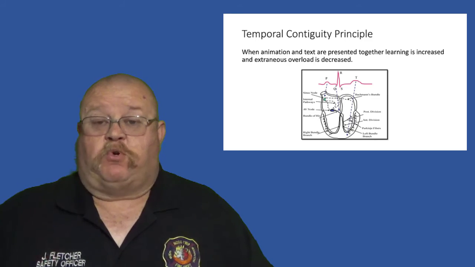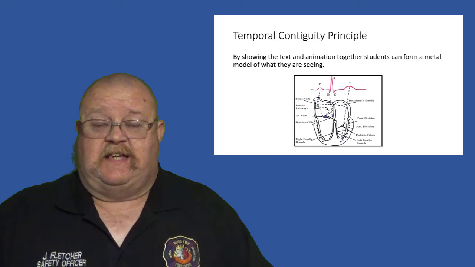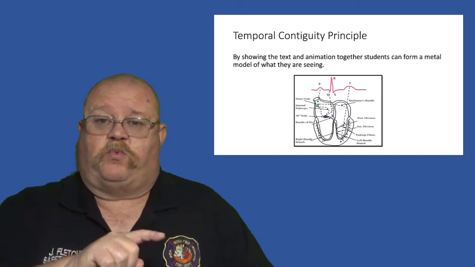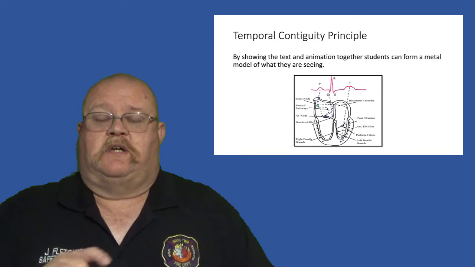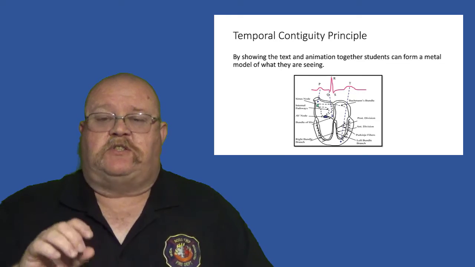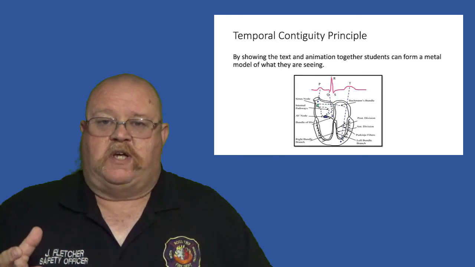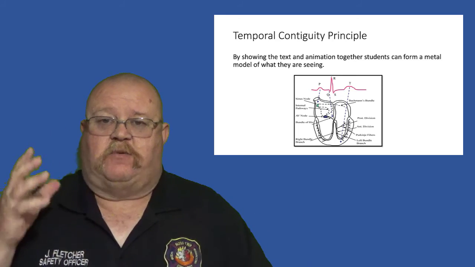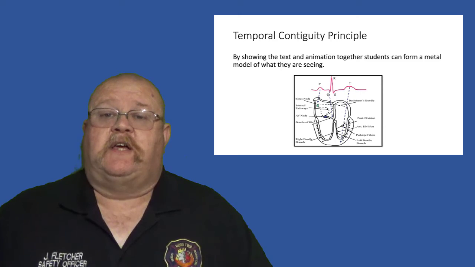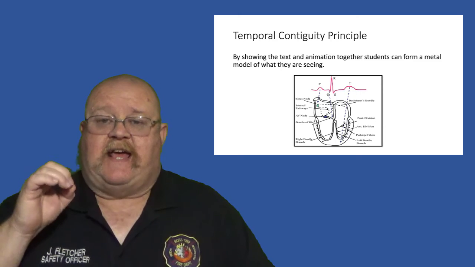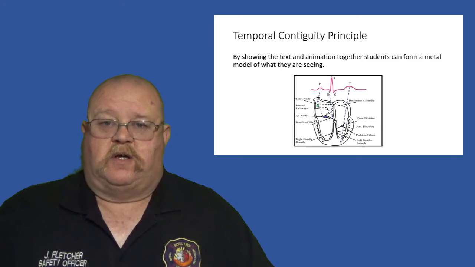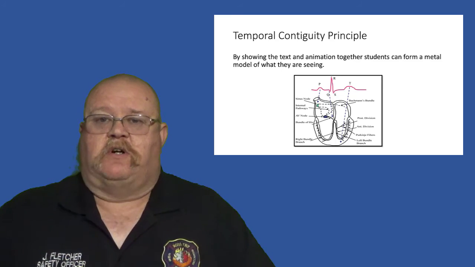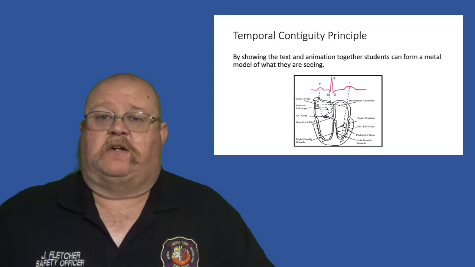What temporal contiguity does is, if you put just the picture of the heart with the words across it on each area, then the student doesn't have to hold that image of A in their working memory for very long trying to find A, and they can actually learn better if they can just look at that picture and all the labels on that picture of the heart are there.